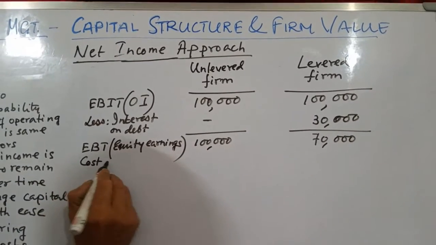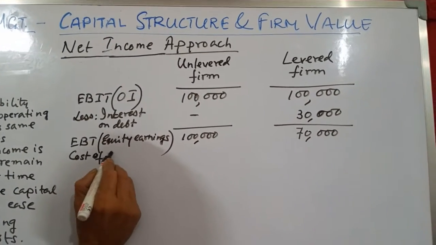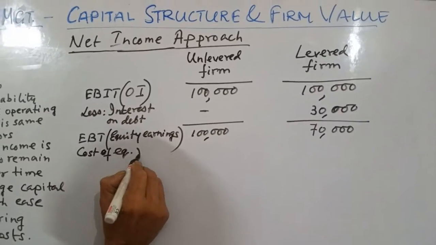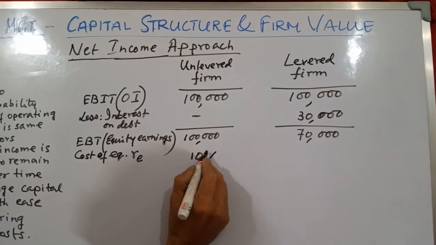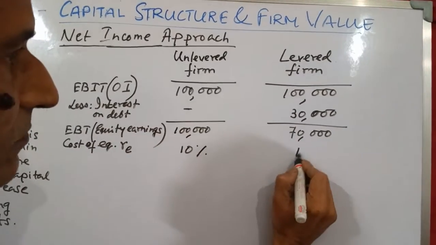Cost of equity, that is RE, is 10% for both the firms.